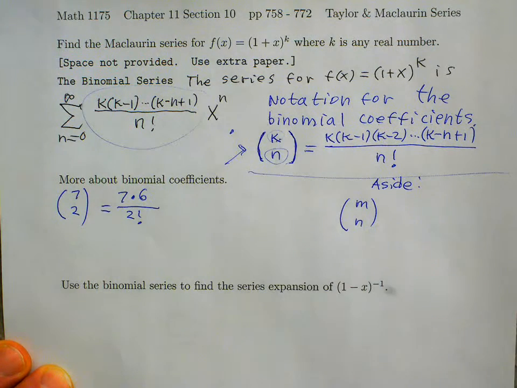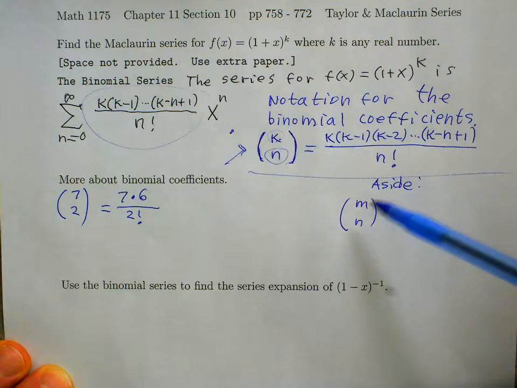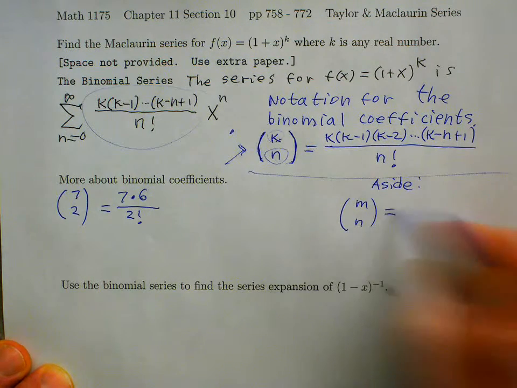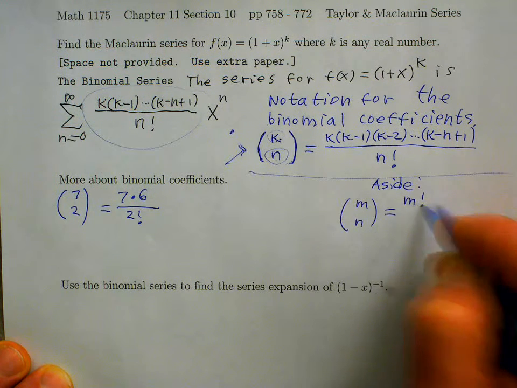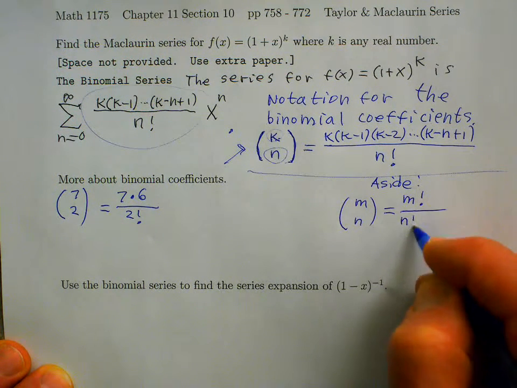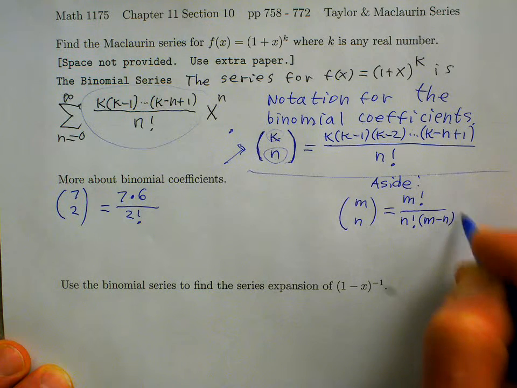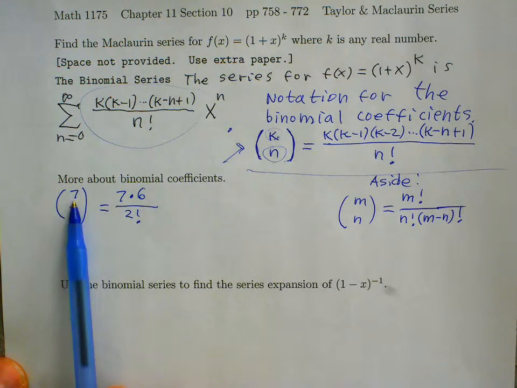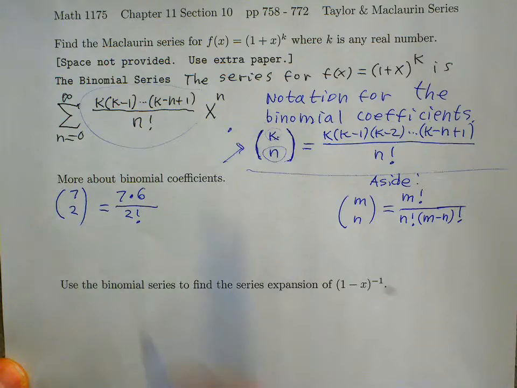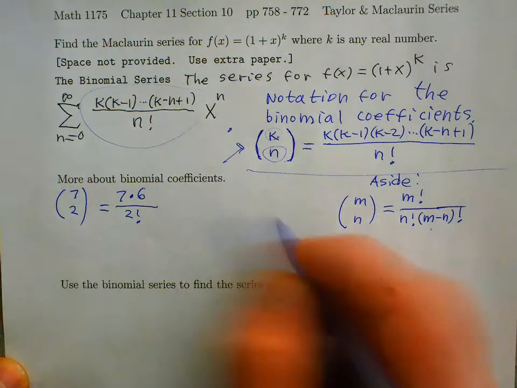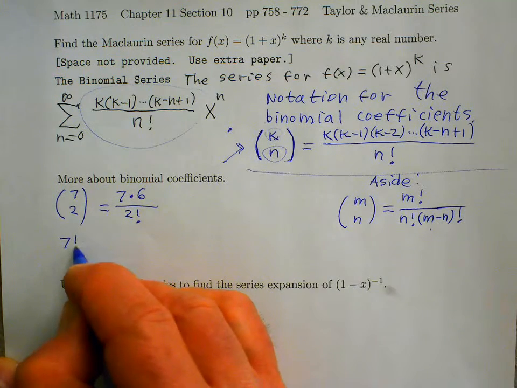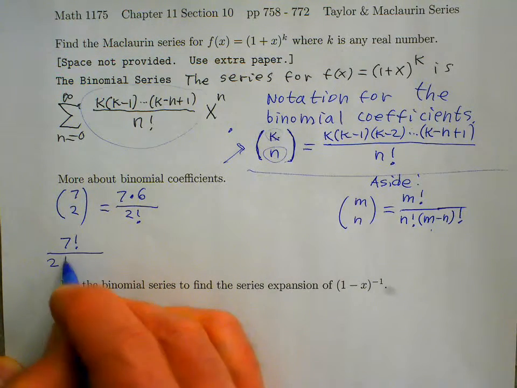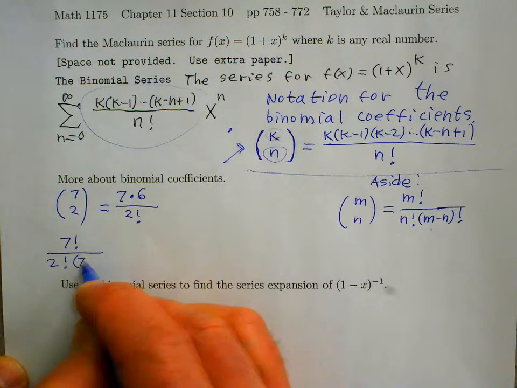If m and n are non-negative integers and m is greater than or equal to n, this means m factorial over n factorial times m minus n factorial. Maybe you've seen that before. So that's exactly what happened over here. We can verify that. 7 choose 2 using this formula. So this should be 7 factorial divided by 2 factorial times 7 minus 2 factorial.